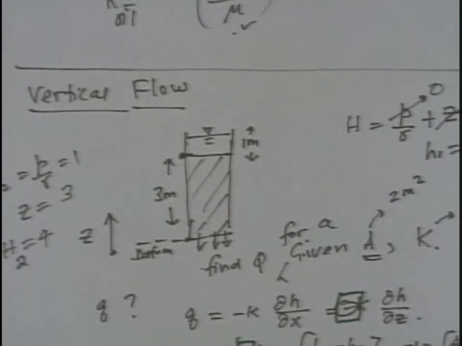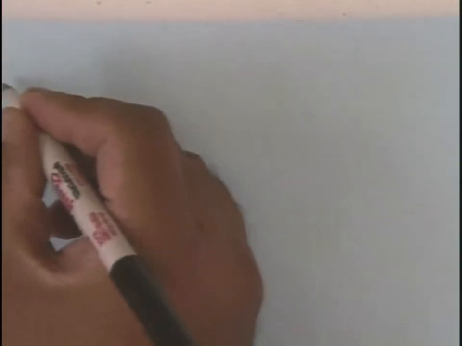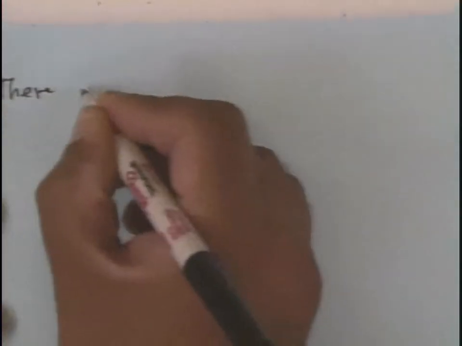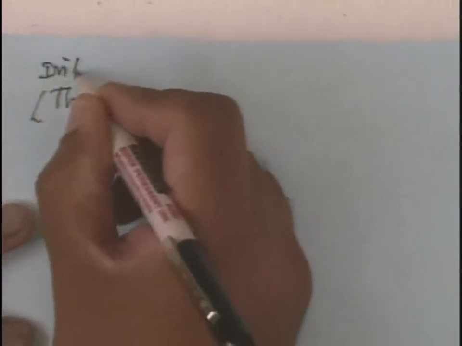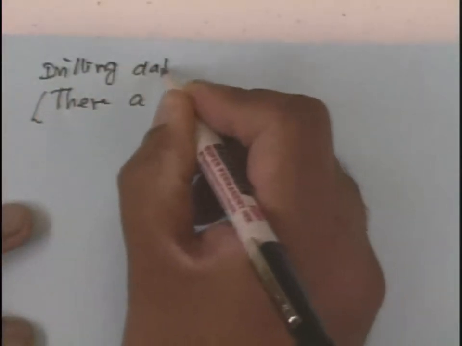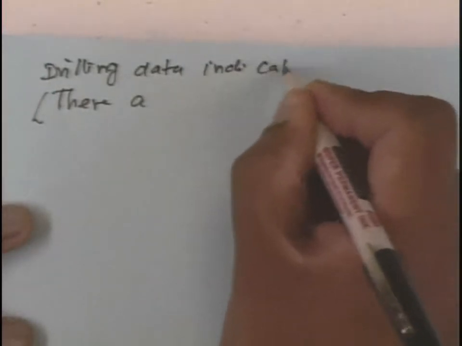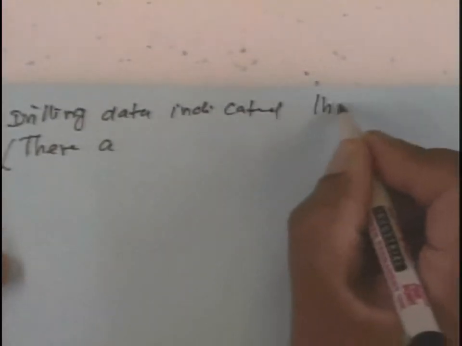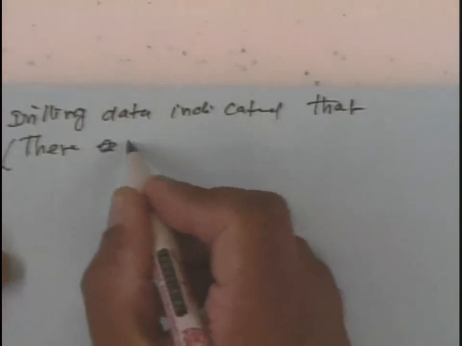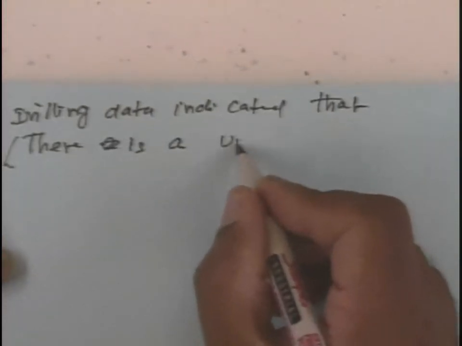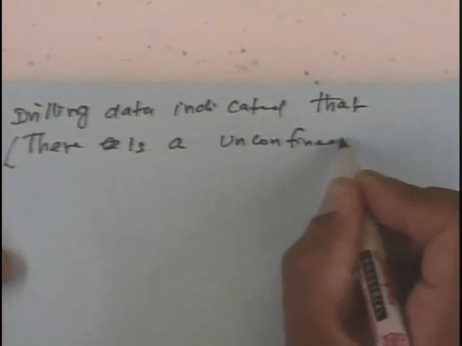Now, I can make this problem a lot more interesting. This is a mundane problem because it's just a 1D column, right? So now I can come up with a problem like, let's say, drilling indicated that there is an unconfined and confined.